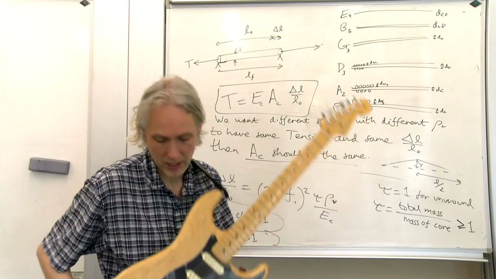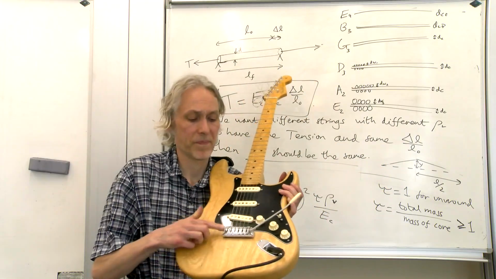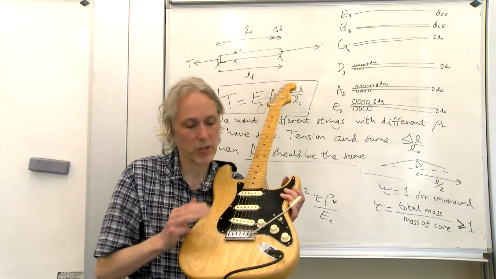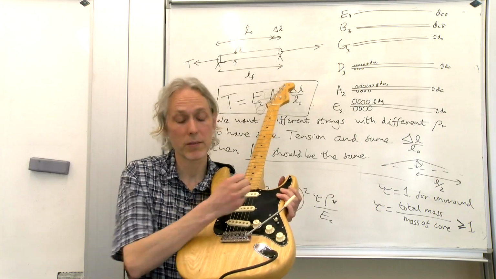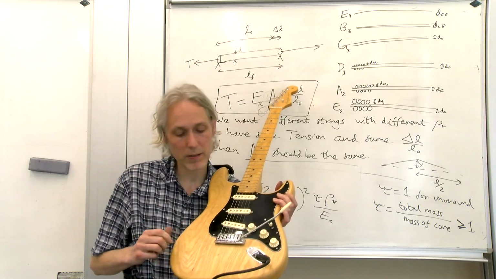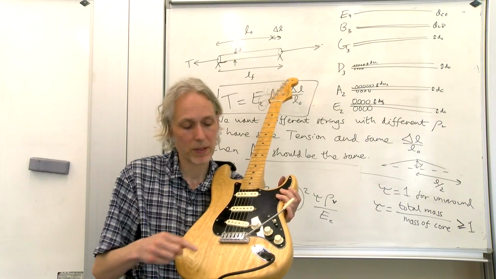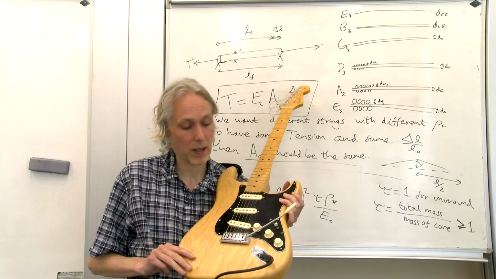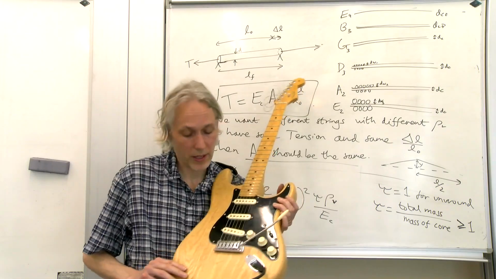There are subtleties. Specifically, the bridge has a bit of curvature, which means that the G string and D string tend to be stretched by slightly greater distances than the low E string. So yeah, I compensated for that.